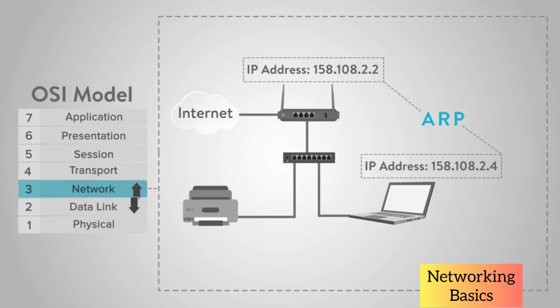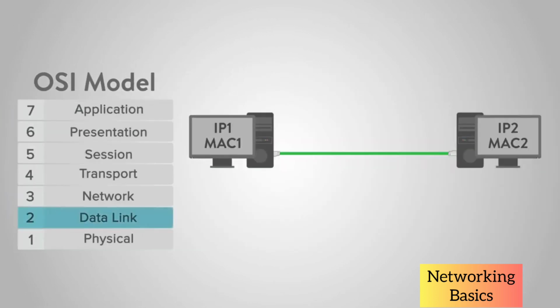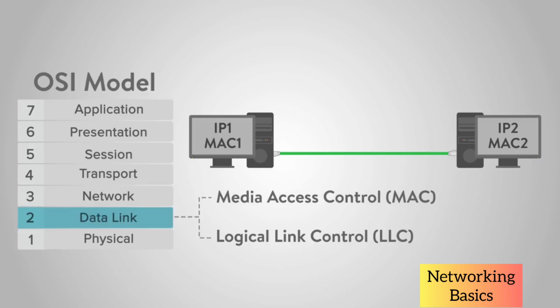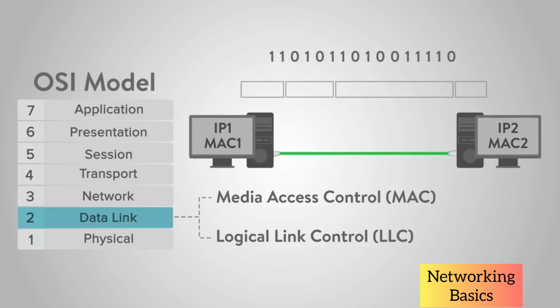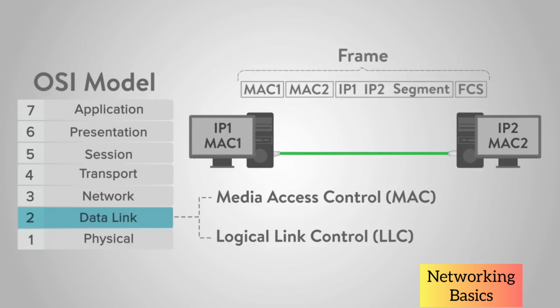The data link layer, or layer 2, is considered the most complex of the layers. This layer is often divided into sublayers called Media Access Control, or MAC, and Logical Link Control, or LLC. The layer sets up links across the physical network. When this layer receives data from the physical layer, it checks for transmission errors and then packages the bits into data frames.